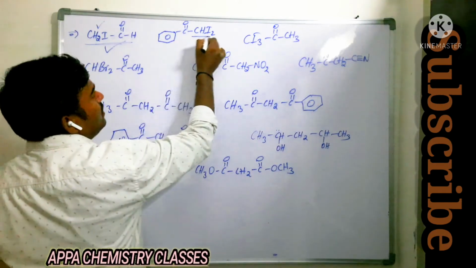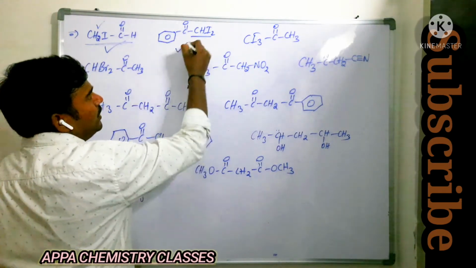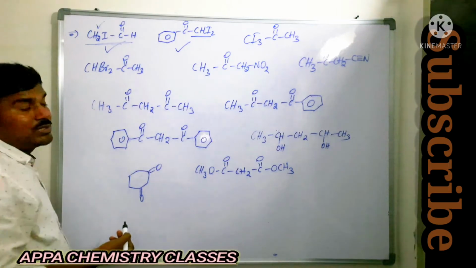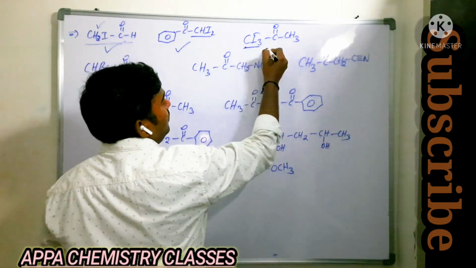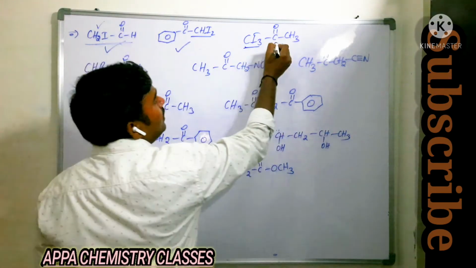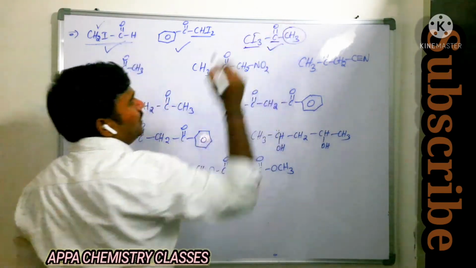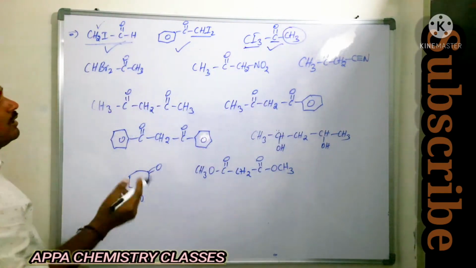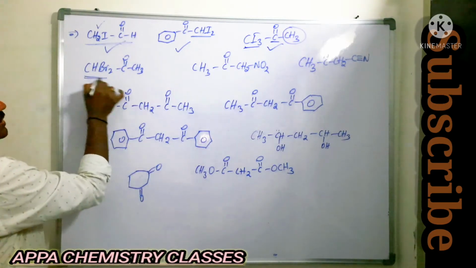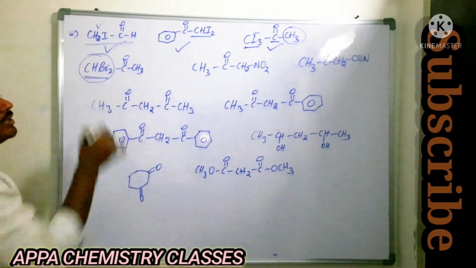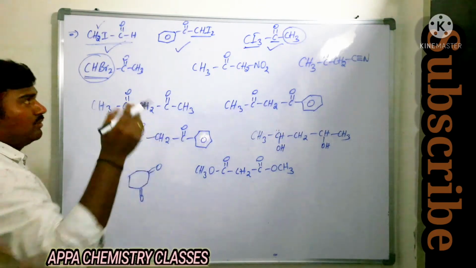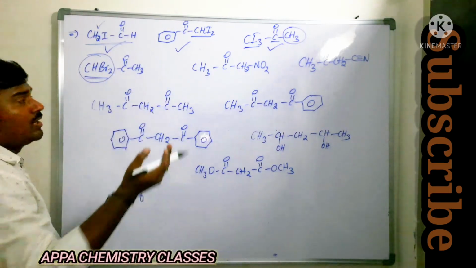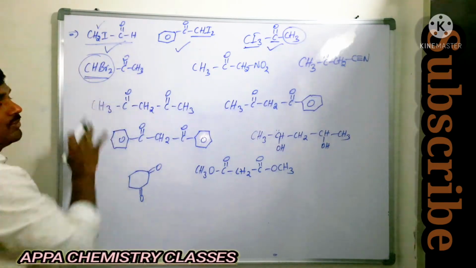Here also it is an intermediate product in the haloform reaction, which also participates. Here the carbonyl carbon has an adjacent CH3, so it participates. It also participates here with CHBr2, one of the intermediate products in the mechanism. Once you watch that mechanism, you will understand.